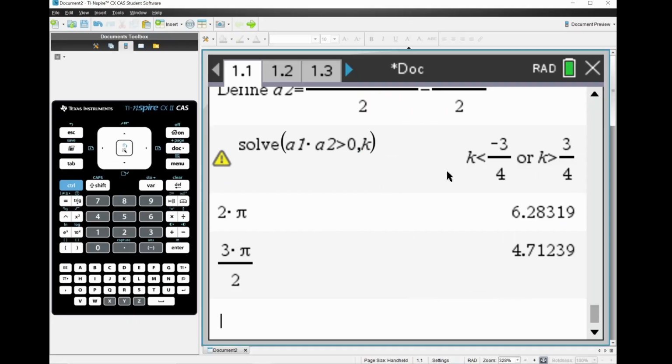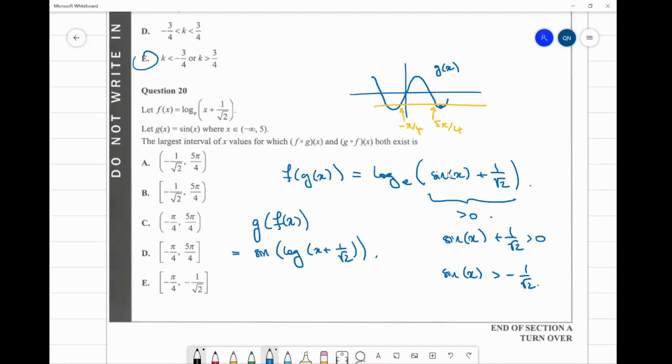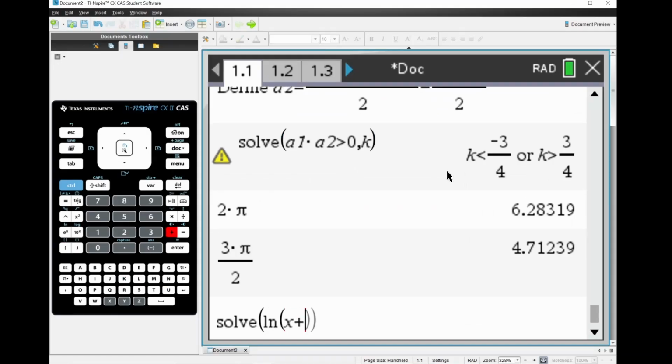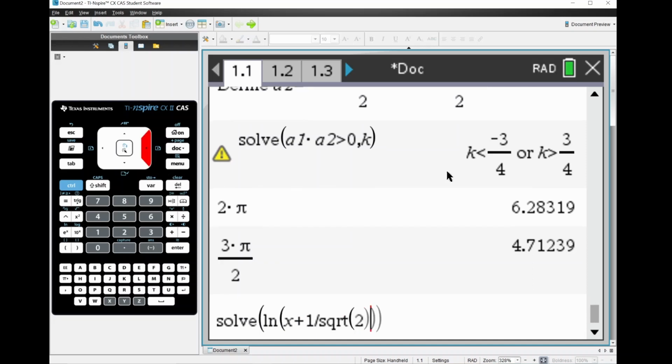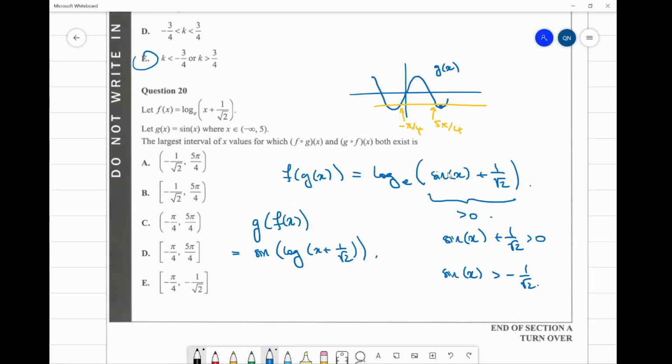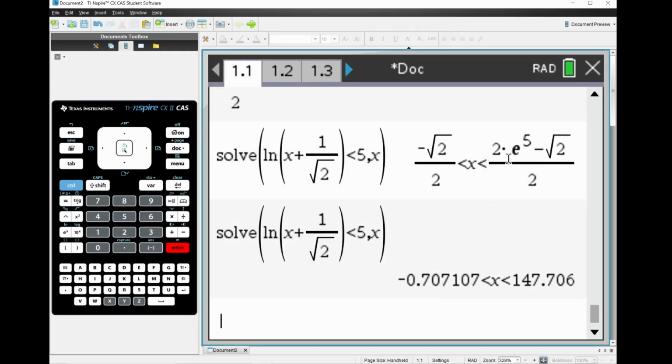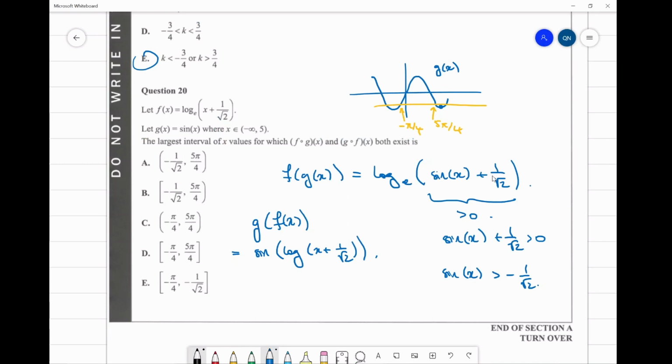So let's see when that happens. I'm going to solve for when log of (x + 1)/√2 is less than 5 with respect to x. And I got this over here, let's approximate. So if x is less than 147 or greater than this value, which is -√2/2, then we're fine.